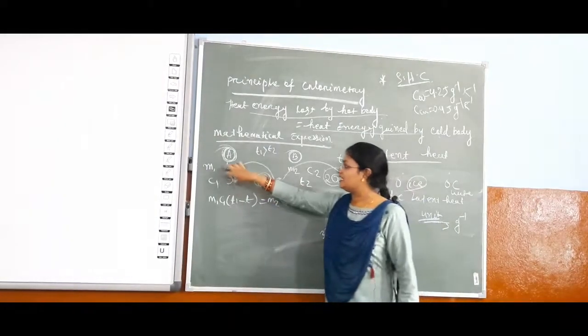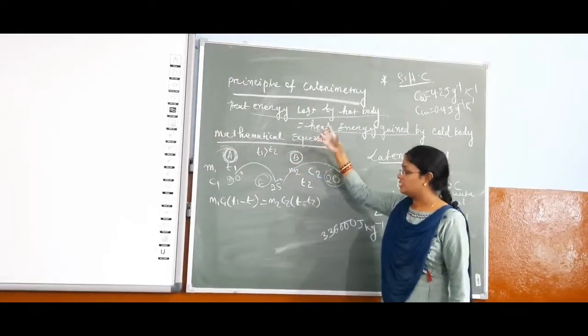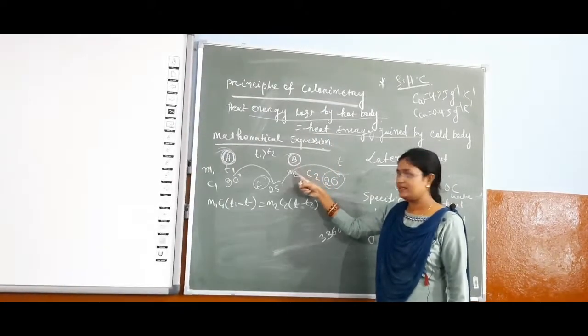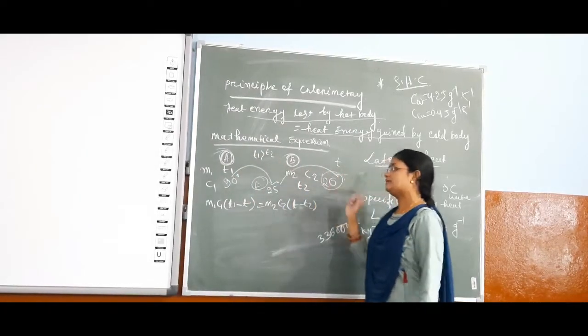That means whatever heat is lost by body A, that amount of heat is gained by body B. So heat lost by body A is equal to heat gained by body B.